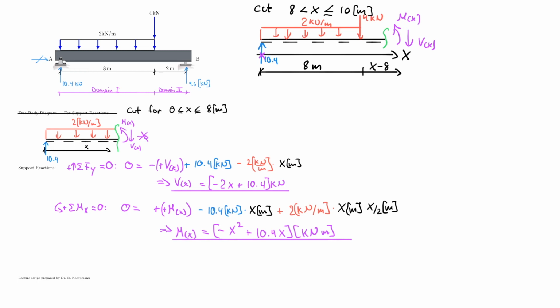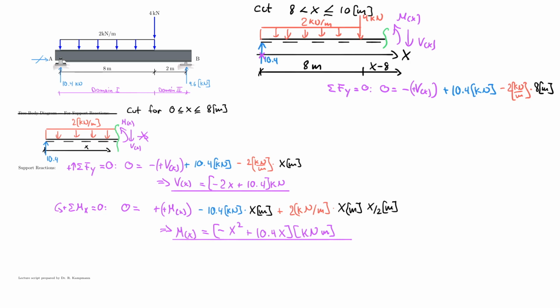And let's go ahead and create the shear force function by the sum of the forces in the y direction being equal to 0. And 0 is equal to minus v of x, which of course is positive defined, and I have a positive 10.4 kilonewton. And I have a negative 2 kilonewton per meter multiplied by 8 meters. So it's actually a constant number, which is not a surprise really.